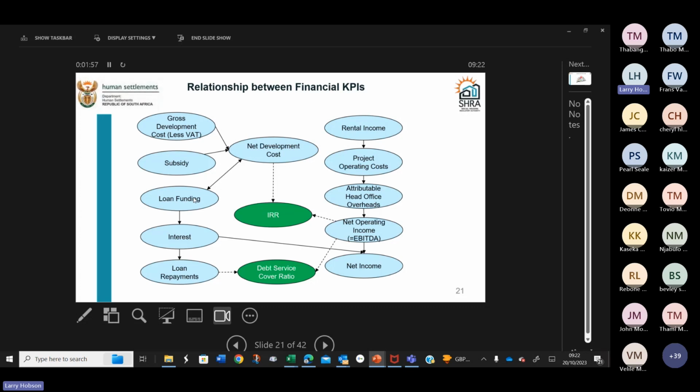Then on that loan funding, we would have to pay interest and loan repayments. But now let's see what we've got to pay off those interest and capital repayments. On the right-hand side here, we've got our rental income, less our project operating costs, less our attributable head office overheads. That gets us to net operating income, or EBITDA, as I explained.